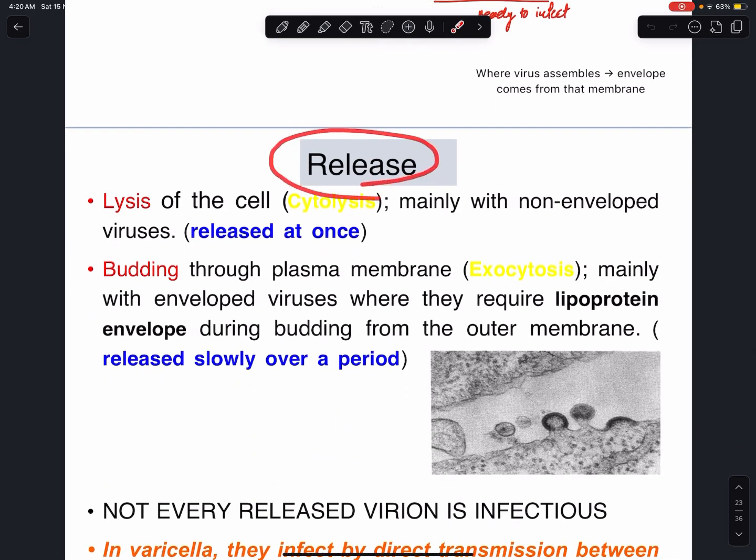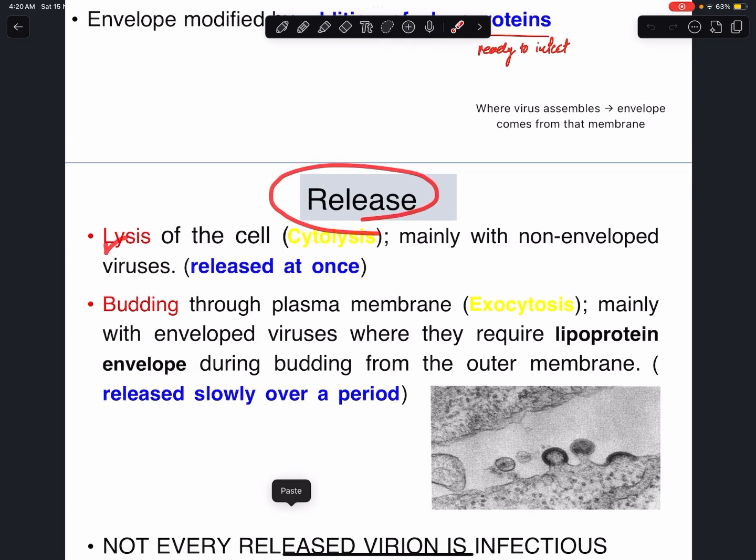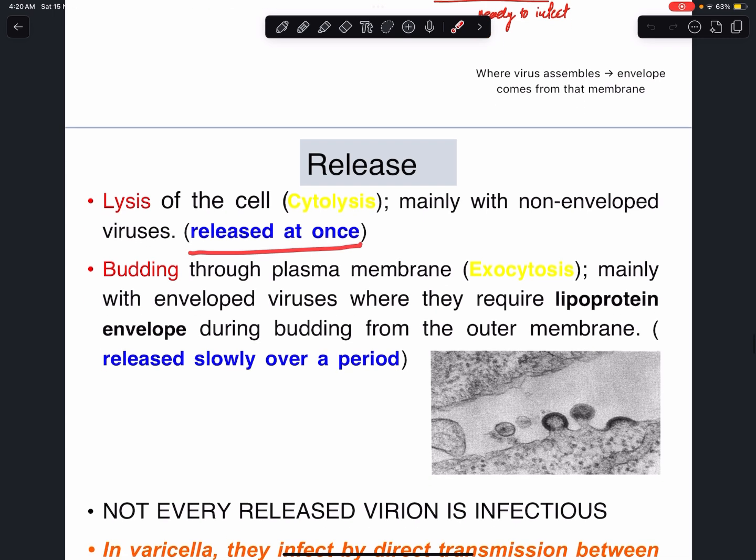So, here, the release. Lysis of the cell, cytolysis, mainly with non-enveloped viruses, released at once. But budding through the plasma membrane, exocytosis, mainly with enveloped viruses. So, lysis is for non-enveloped.